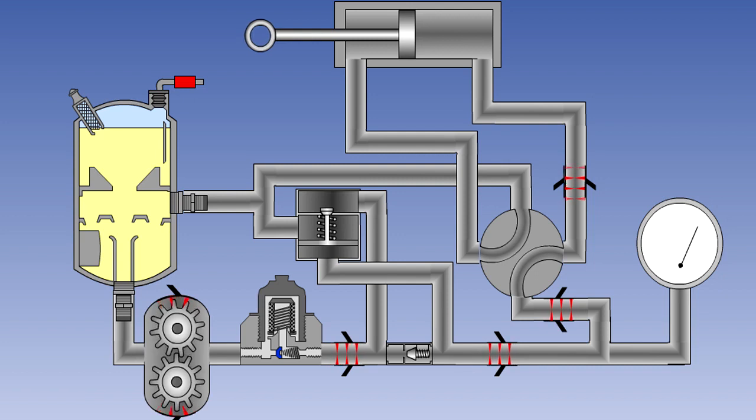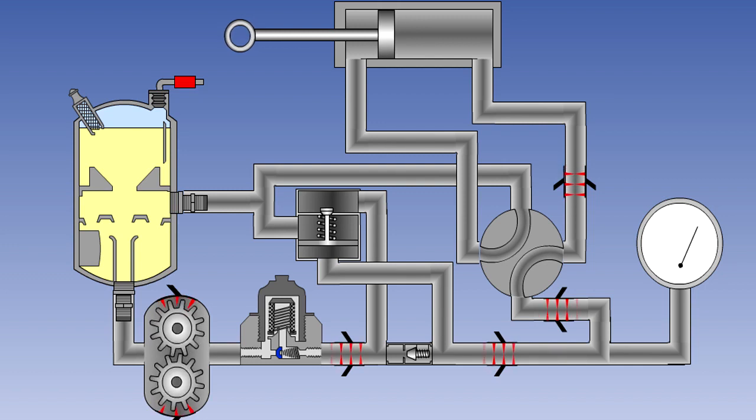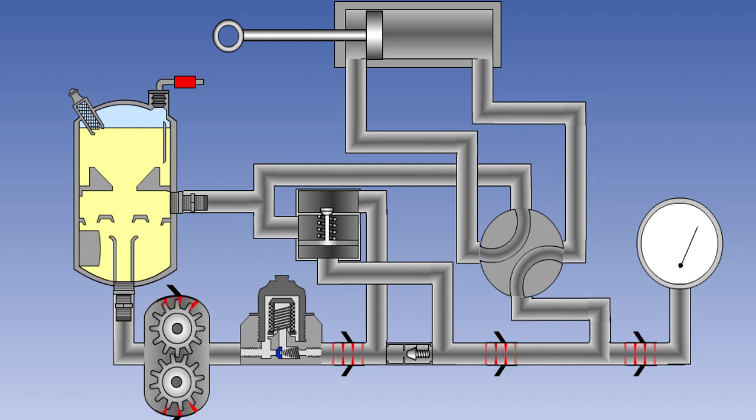This will cut off the pump return to the reservoir and allow it to operate the service. The ACOV will remain in the cut-in position until the service reaches the end of its travel and pressure builds up again. It will then return to the cut-out position.